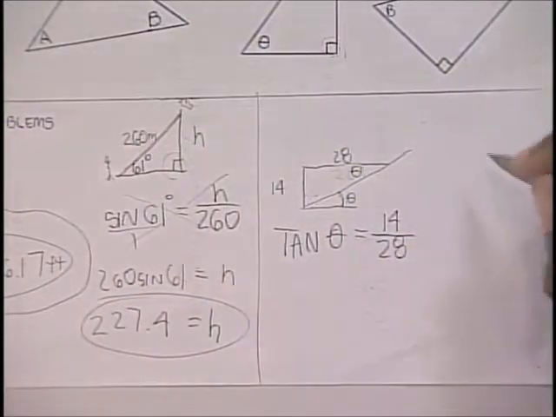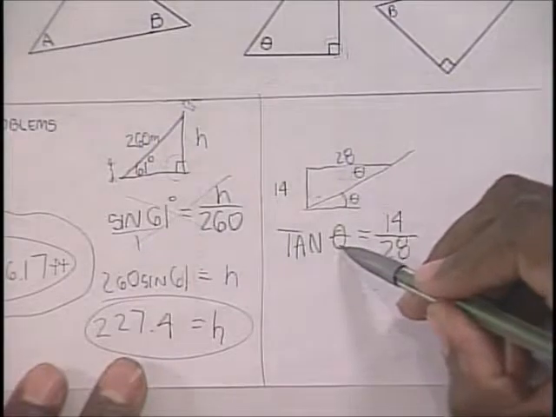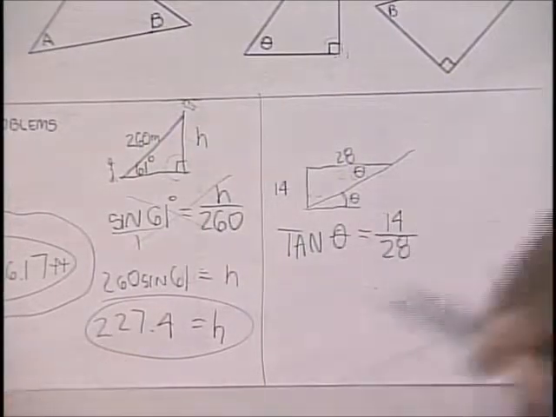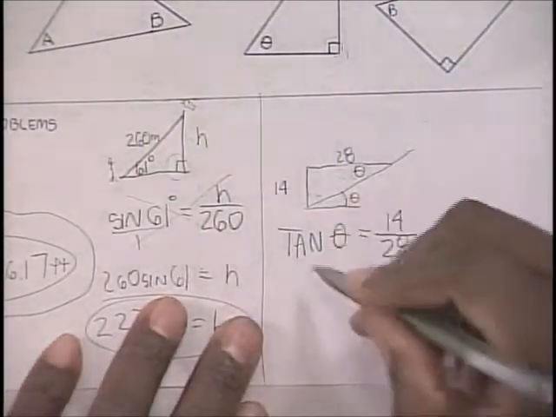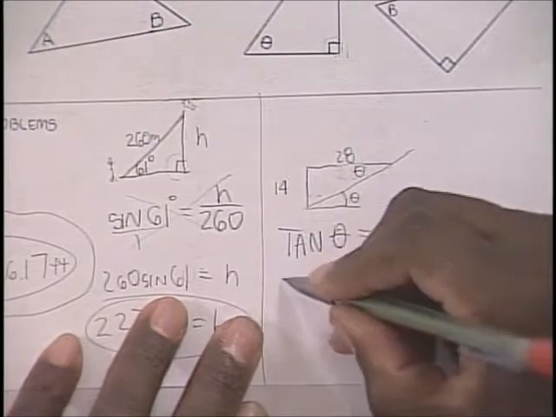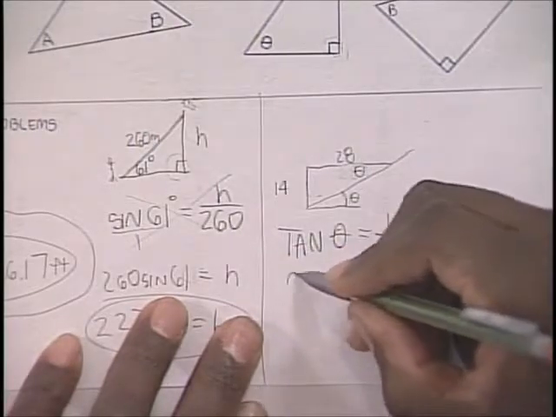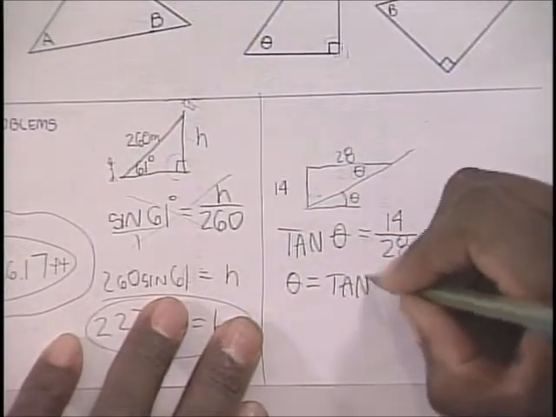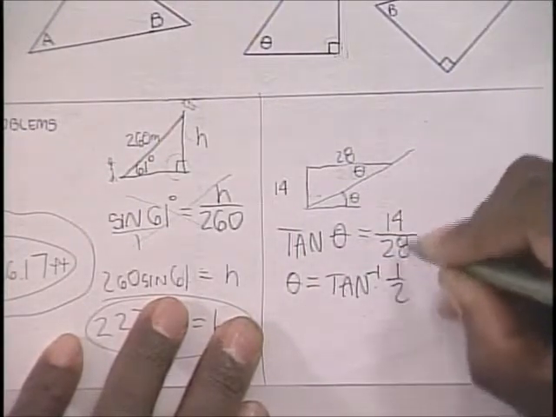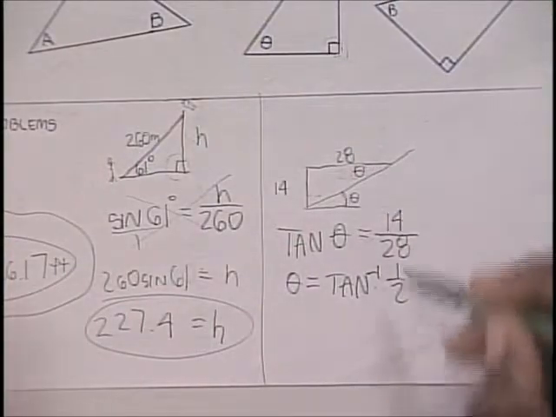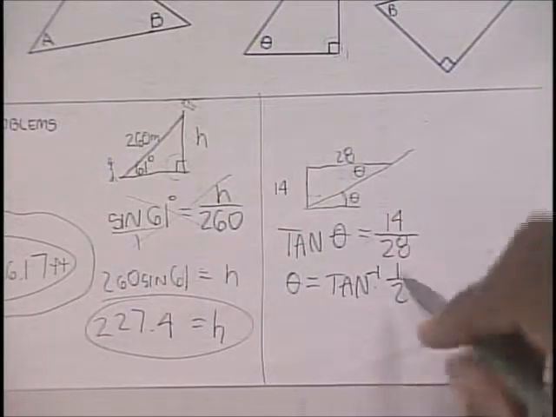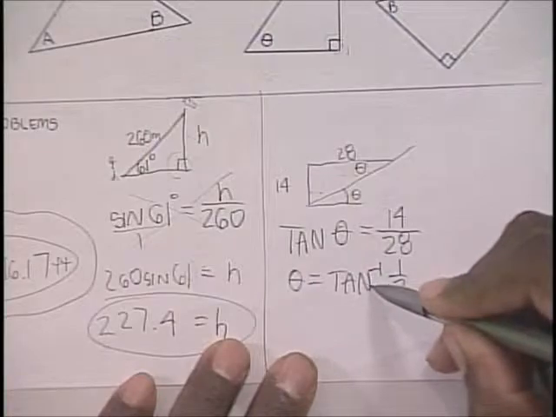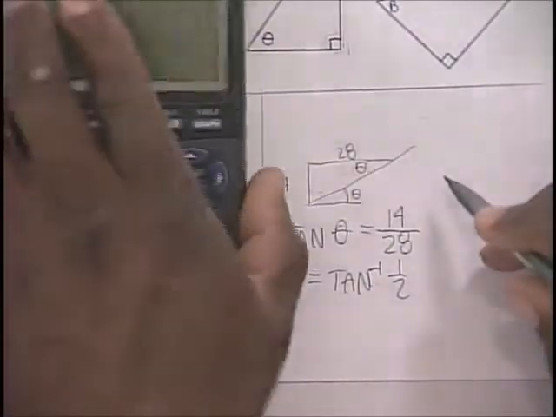And what we told you last week is when the angle is unknown, you had to use an inverse trig function. So you're going to take the inverse tangent of both sides. You're going to get the angle theta is equal to the inverse tangent of 14 over 28. So what I'm going to put in the calculator is the inverse tangent.